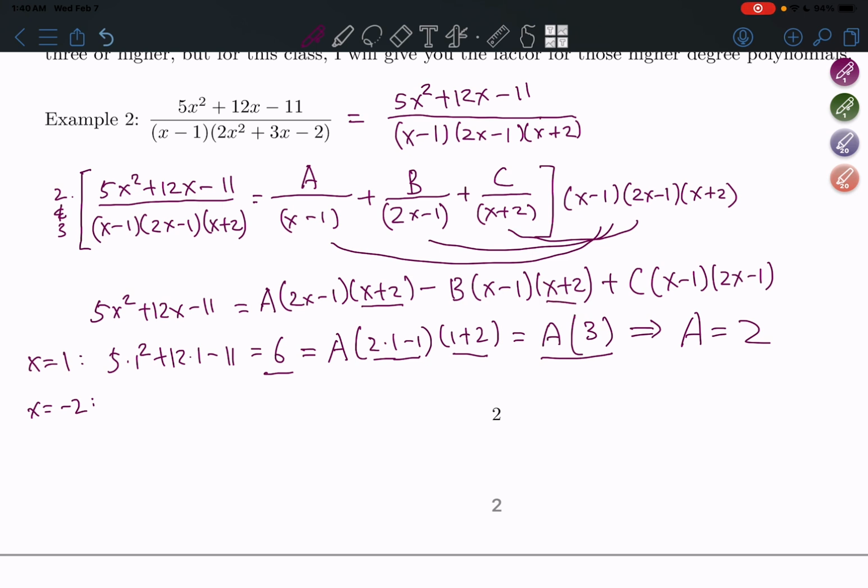Plugging in negative 2, I got on the left-hand side 5 times negative 2 squared plus 12 times negative 2 minus 11, which is equal to 20 minus 24 minus 11. It looks like negative 15.